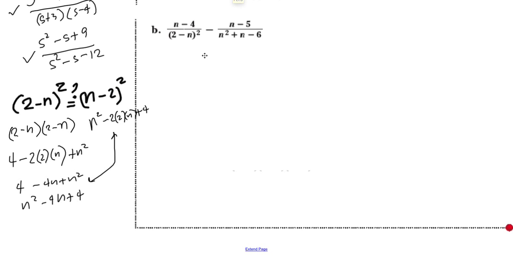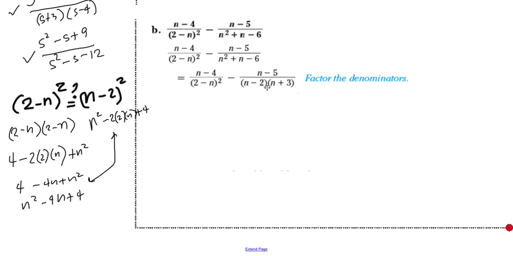Okay, let's copy the problem and let's find the difference of the two. So we have n minus 4 all over 2 minus n squared minus n minus 5 all over n squared plus n minus 6. Okay, if we factor n squared plus n minus 6, this is what we're going to have, n minus 2 times n plus 3.